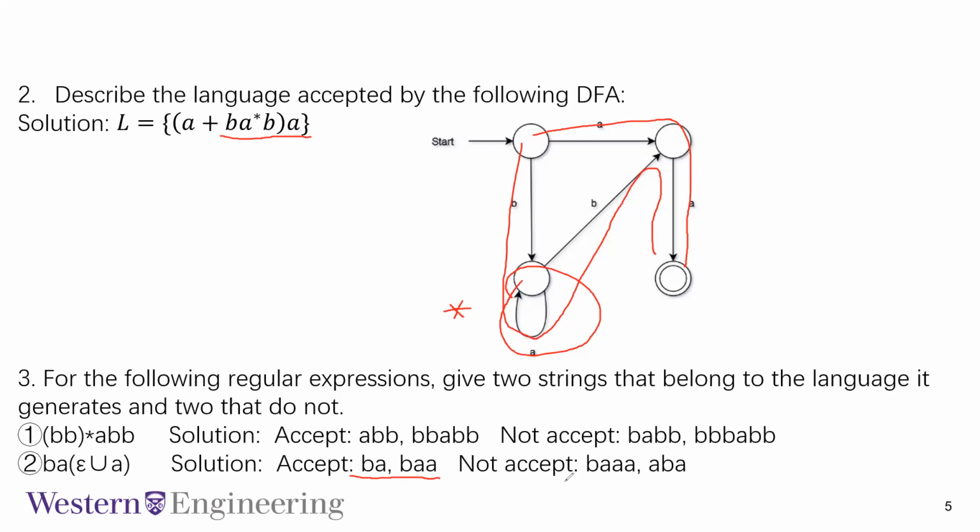Any questions? Yeah, I have a question. For question 3.1, why is ABB accepted, and why is BBB not accepted?